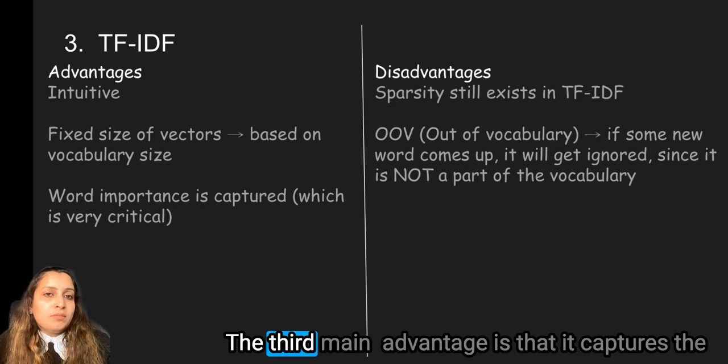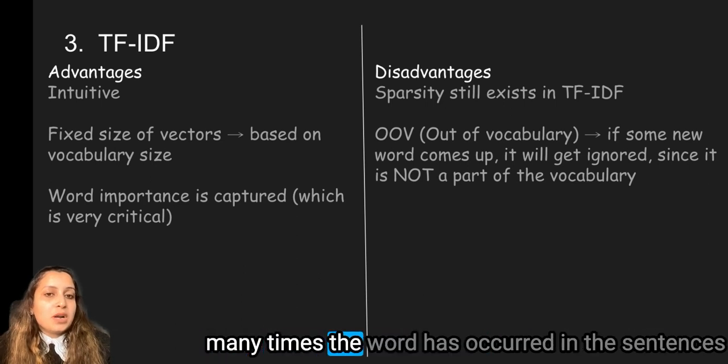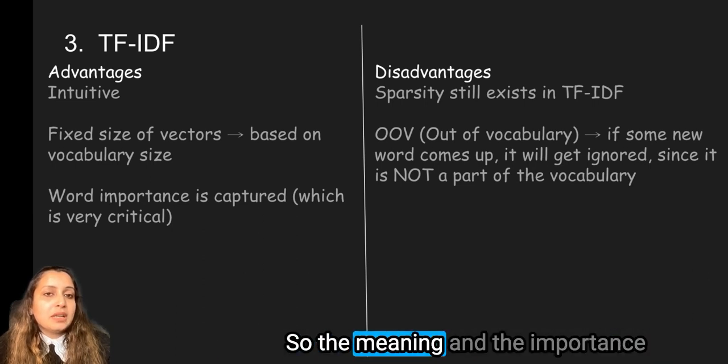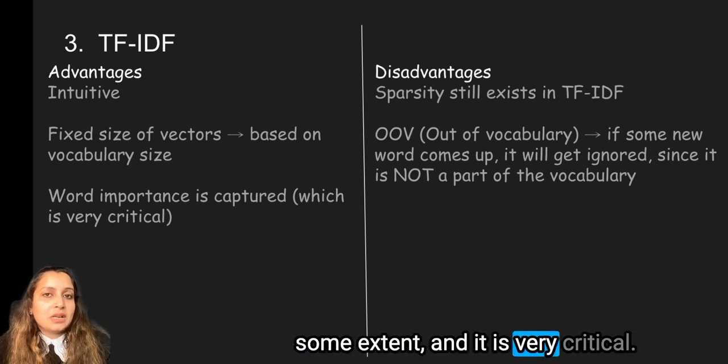The third main advantage is that it captures word importance, because you are capturing how many times the word has occurred in the sentences vis-a-vis how many sentences contain that word. So the meaning and the importance of the word is getting captured to some extent, and it is very critical.